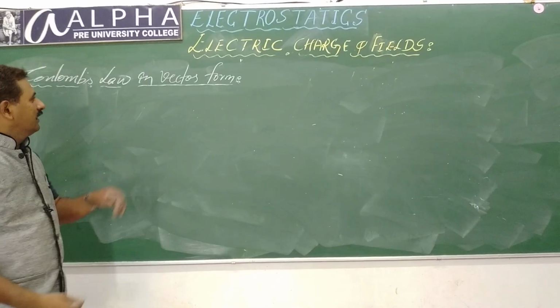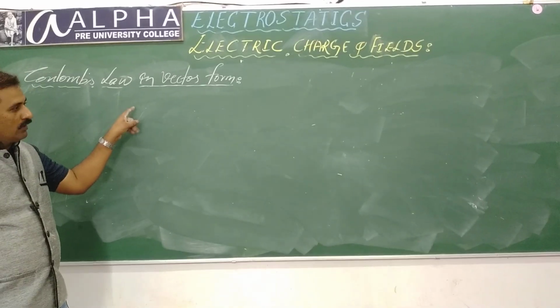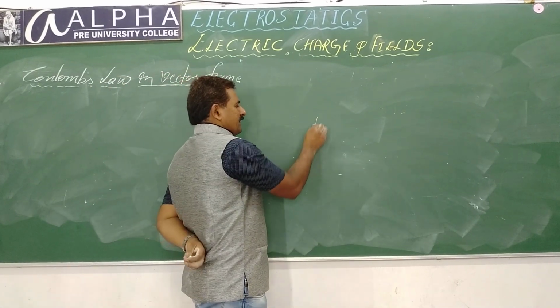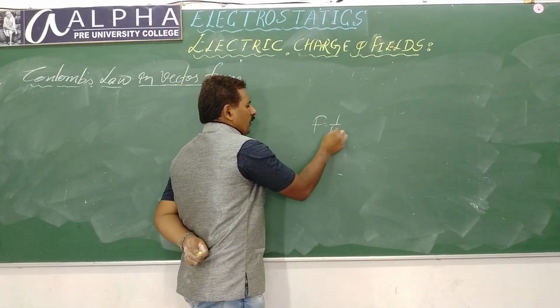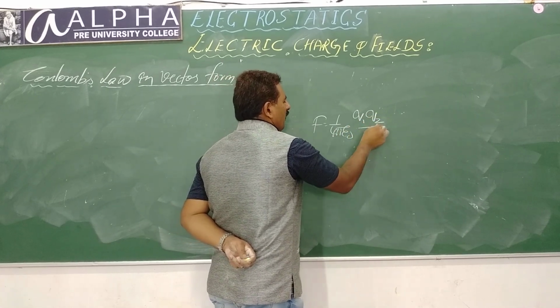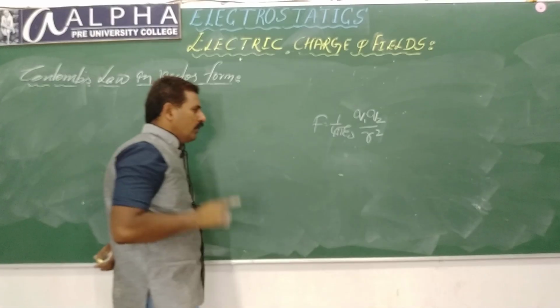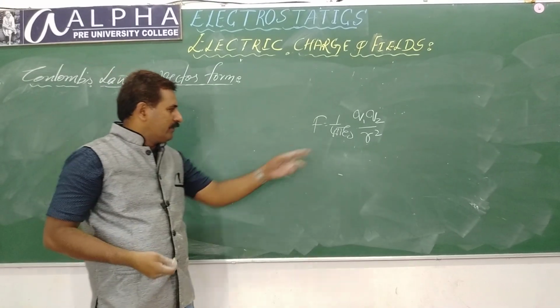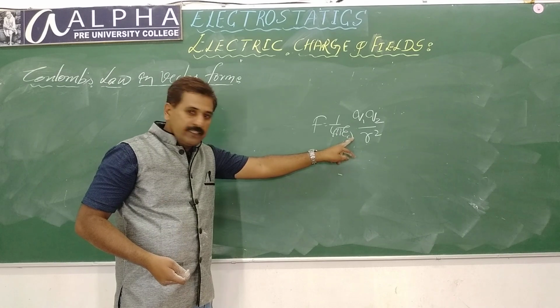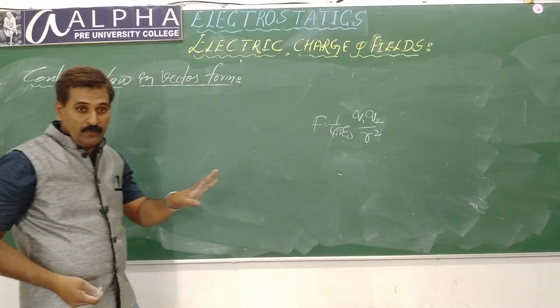Now, dear students, you have learned Coulomb's law. What is Coulomb's law expression? F equals 1 over 4 pi epsilon naught Q1 Q2 divided by r squared. Whenever I use the word Coulomb's law, you should get this in your mind. Whenever you see epsilon naught, this is for air or vacuum.